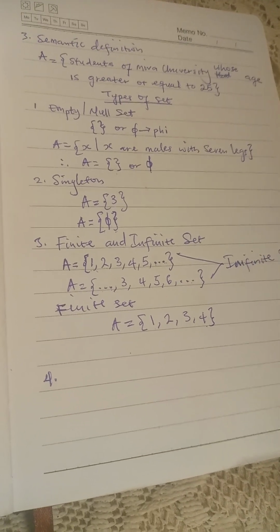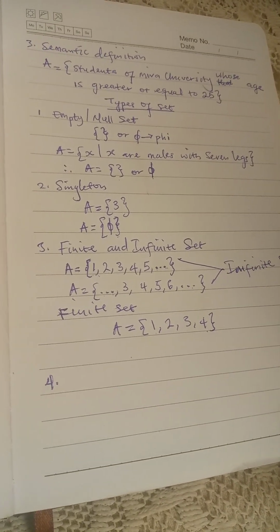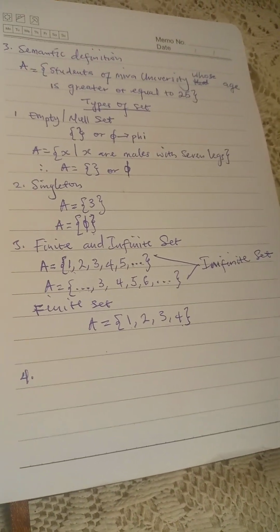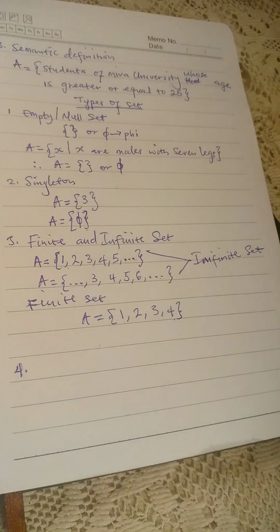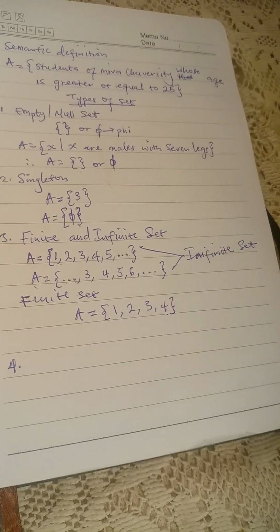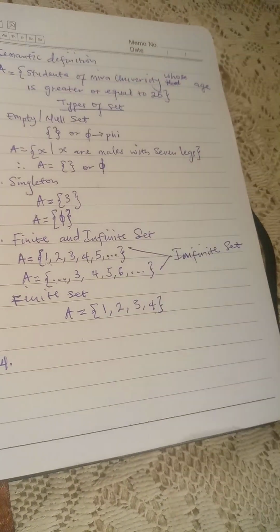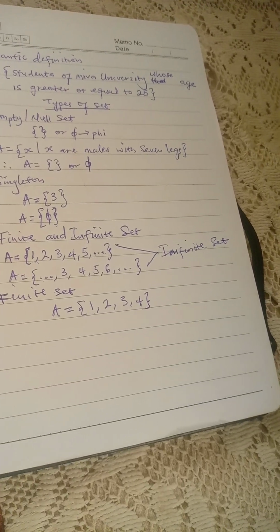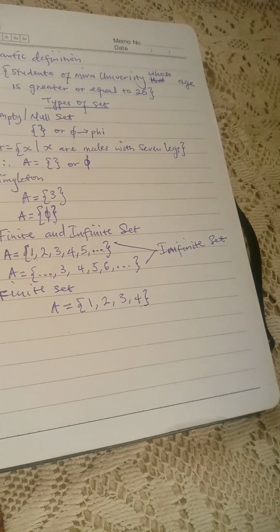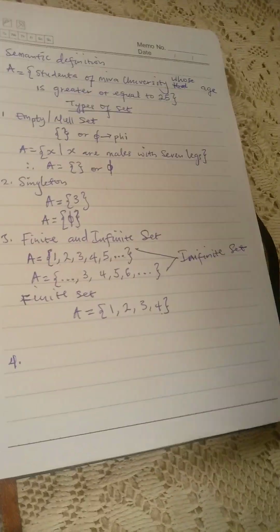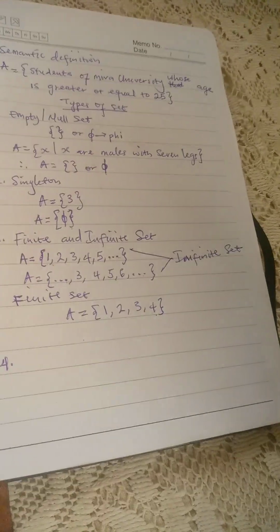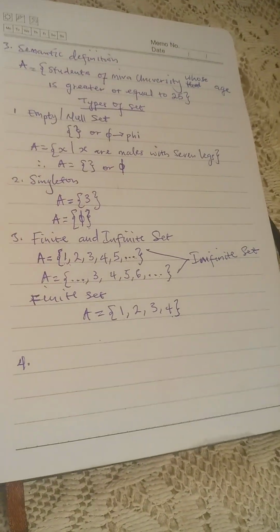For example, if we have a set of positive whole numbers, we can't count them, because it would take forever. It is uncountable. So because it is uncountable, we use the ellipses to signify continuity.